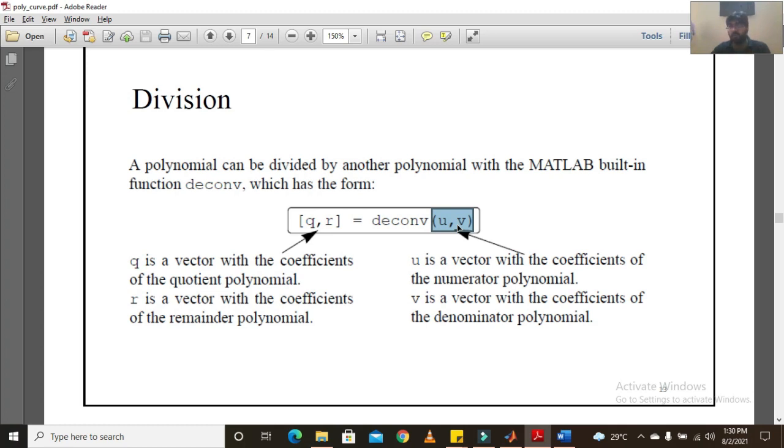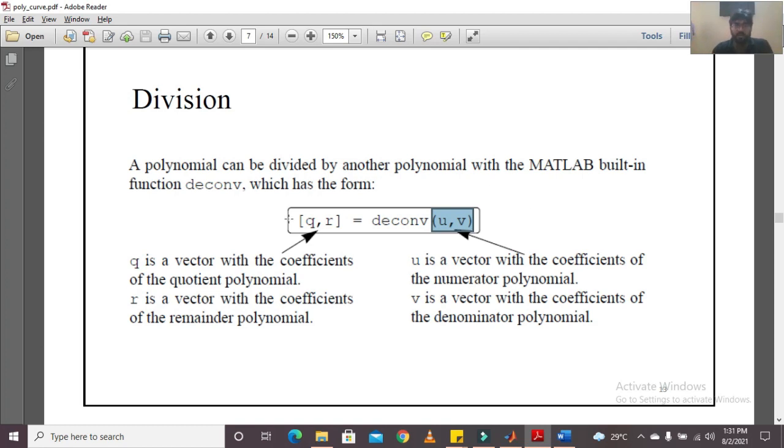There must be some input arguments as well, and there will be 2 input arguments: the numerator and the denominator, meaning the polynomial which is at the numerator and the polynomial which is at the denominator. The first polynomial will be the numerator, and the second polynomial will be the denominator. Again, by polynomial, we mean the coefficients of a polynomial.